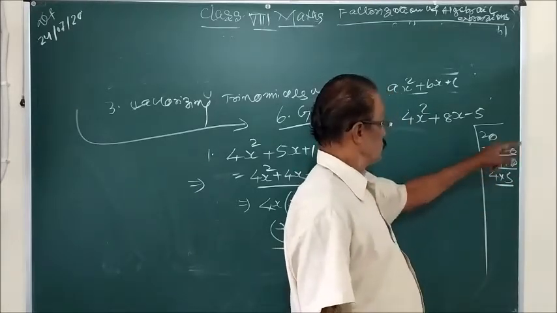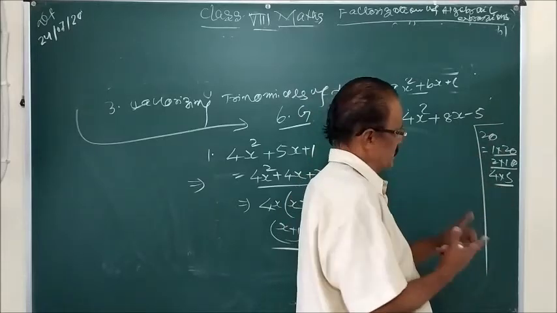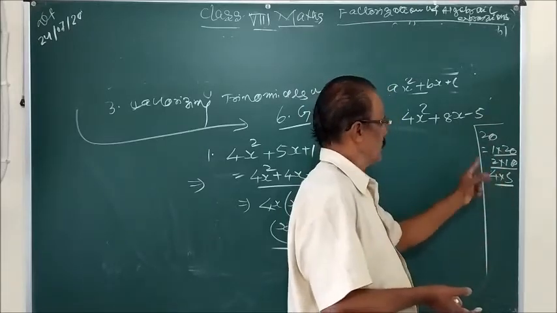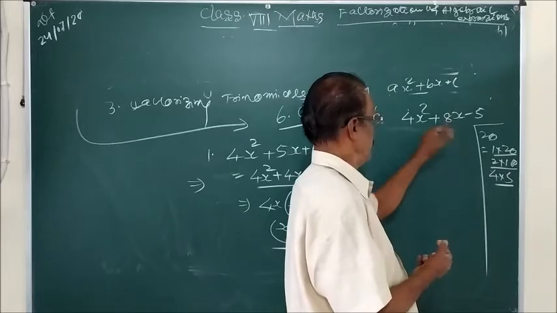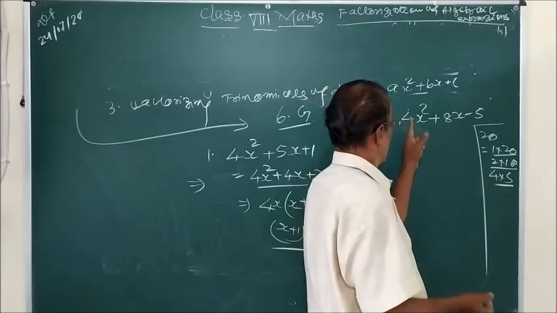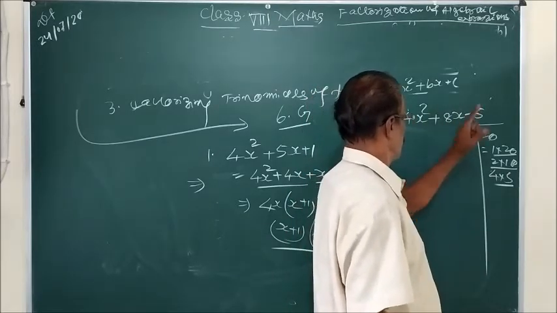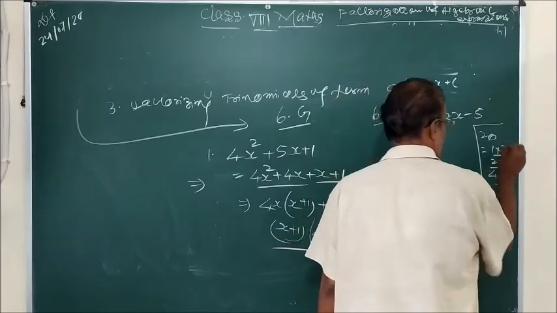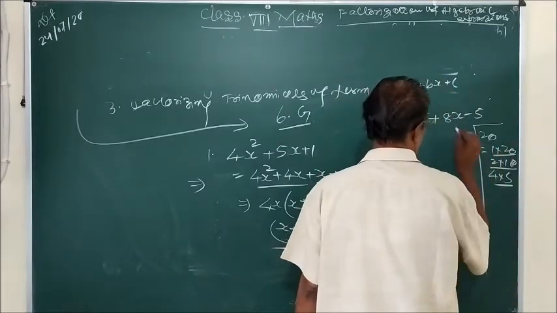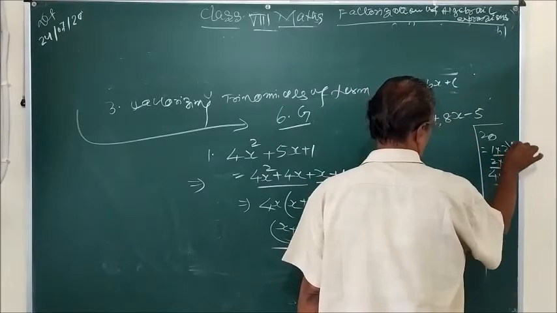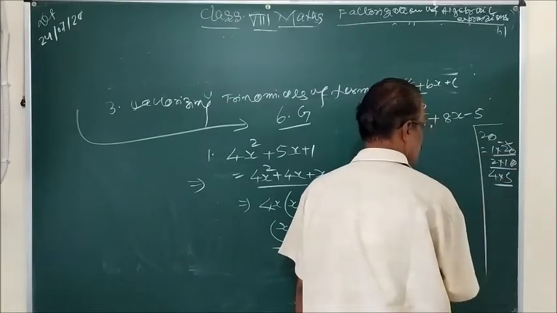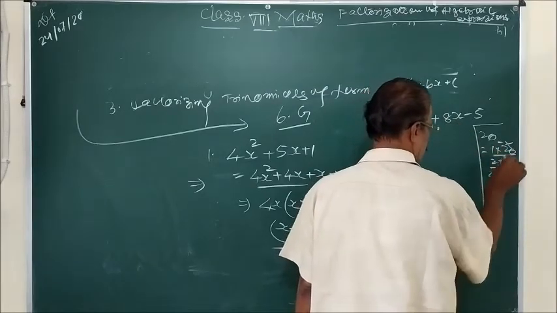But now you have to choose one pair so that the sum of these two factors should be 8. But see the sign here: it is minus 20. To get minus 20, we can put the minus anywhere, but 8 does not come from these.